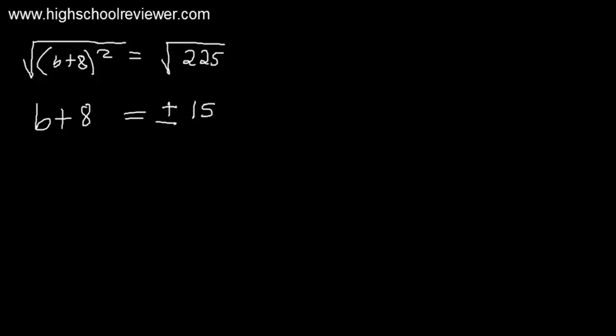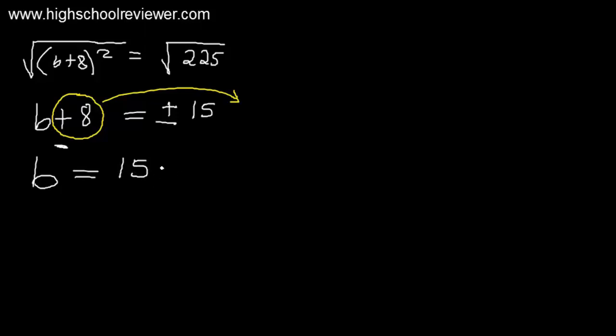To solve for b, we need to transpose positive 8 to the other side. So we will have two values for b. For our first value, we use positive 15. If we transpose positive 8, it will change sign and become negative 8.